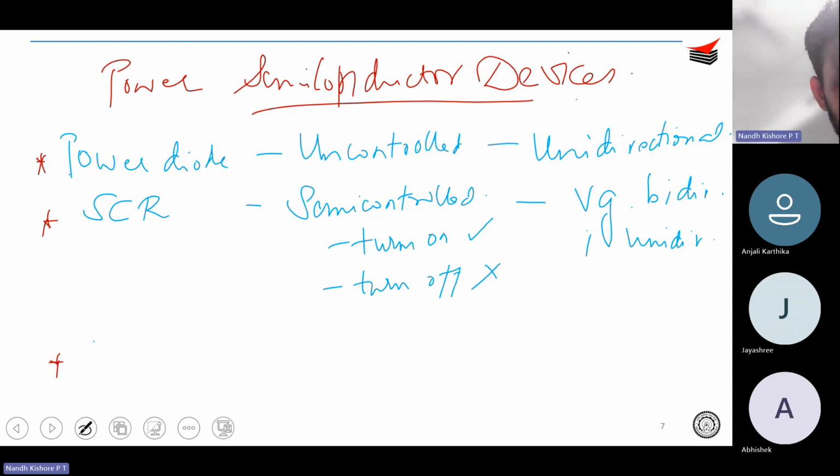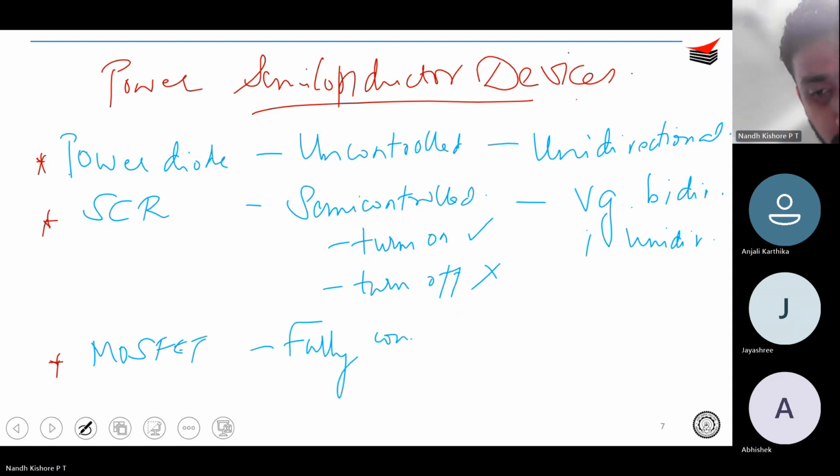And then you have the MOSFET, which is fully controlled. That means both turn on and turn off are controllable.